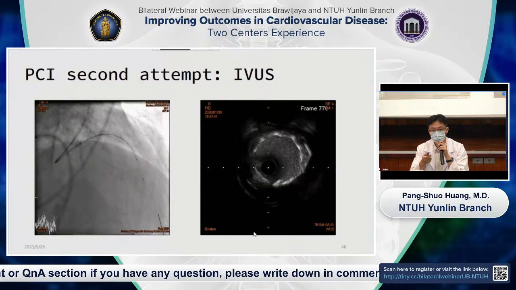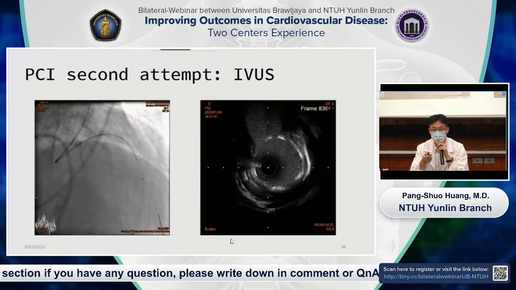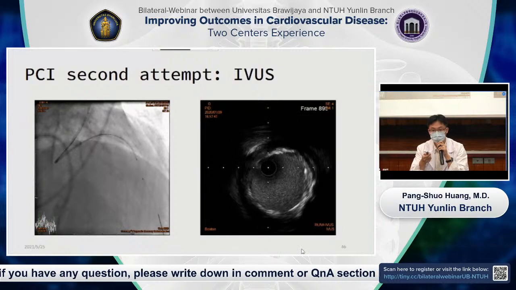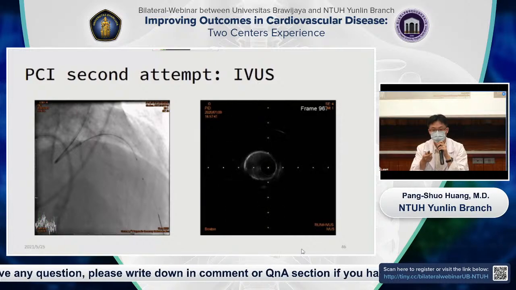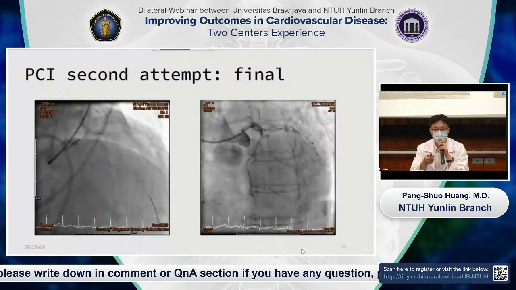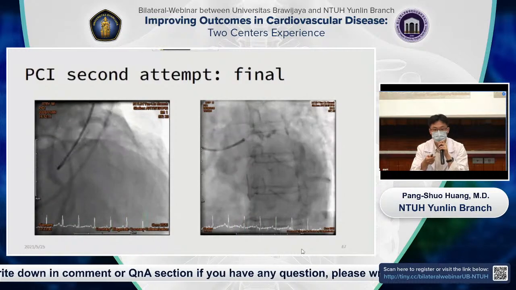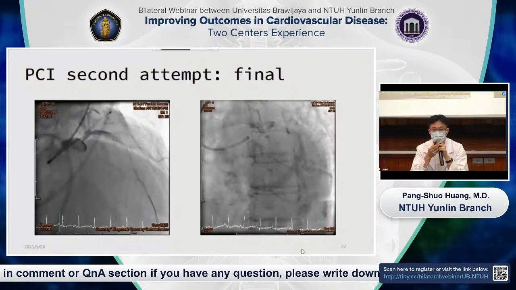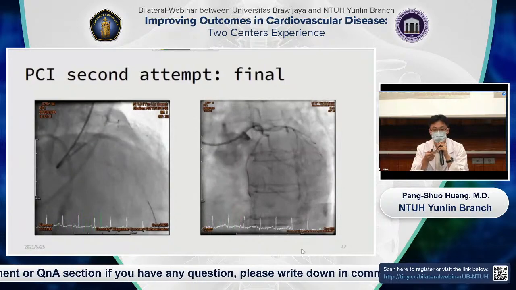Okay, here is the left main stent, and the vessel size is around 4.0. So this is the final angiogram. And the vessel size, because we're using a side hole, BL 3.5 side hole.